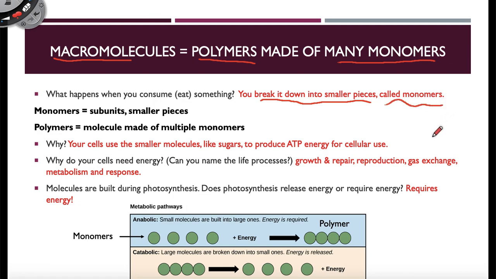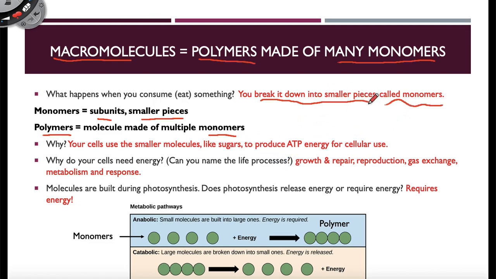These smaller pieces are called monomers. So a monomer is a subunit or a smaller piece, and then when you put those smaller pieces together, kind of like putting pieces of a puzzle together, you get a polymer. So a polymer is a molecule made up of multiple monomers. So a macromolecule is a polymer, made up of multiple monomers, right?